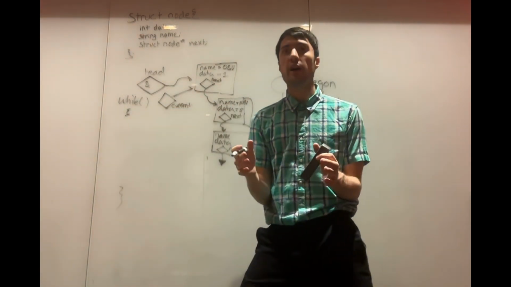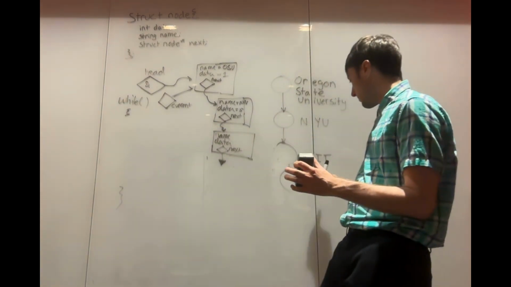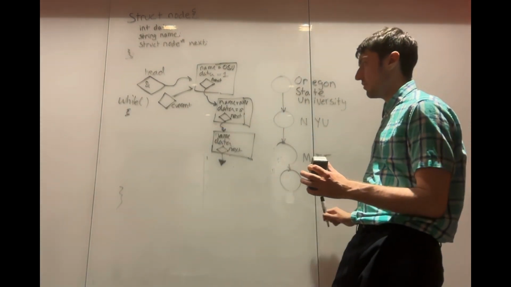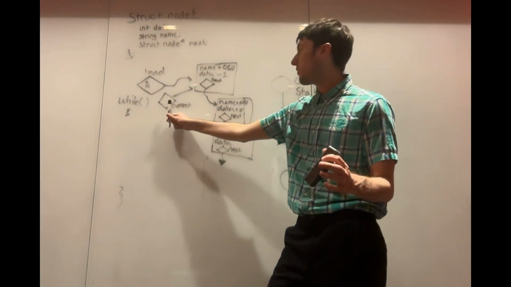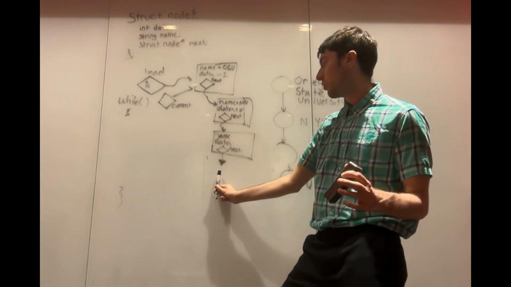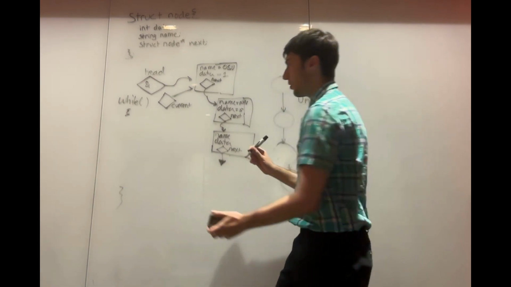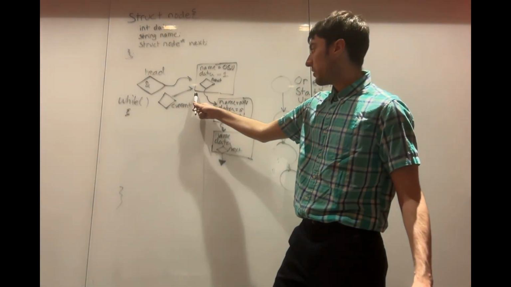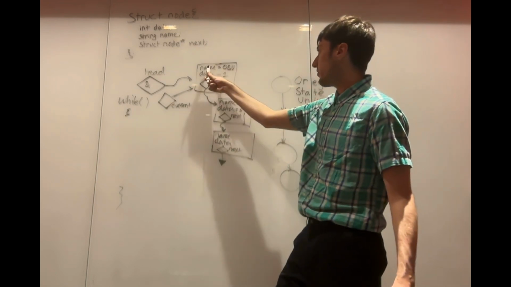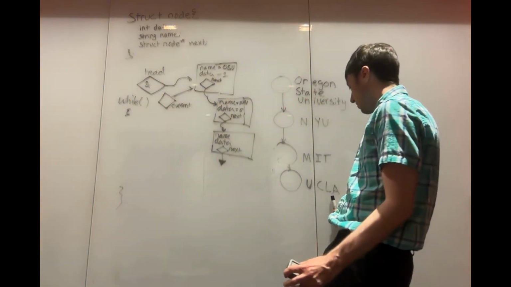So I said we want to check for UCLA, if UCLA is in our actual list. So what we can do is we have to keep traversing until we hit null. Okay, so while we're at this, we are going to check if name is equal to UCLA.